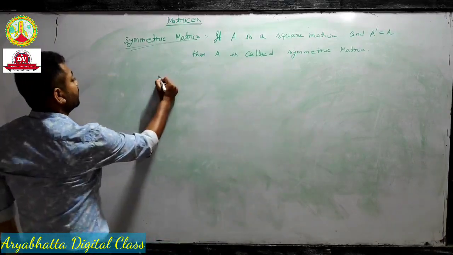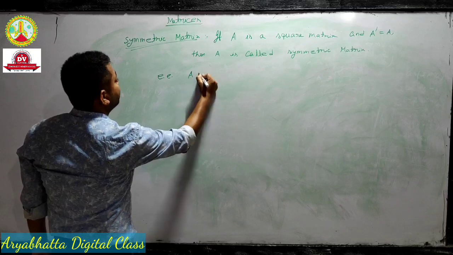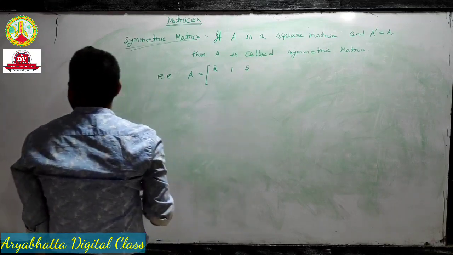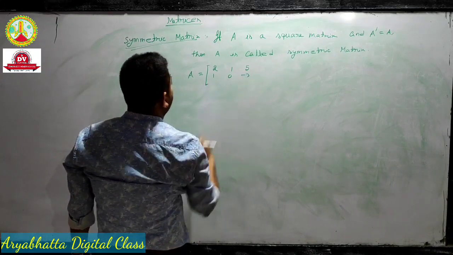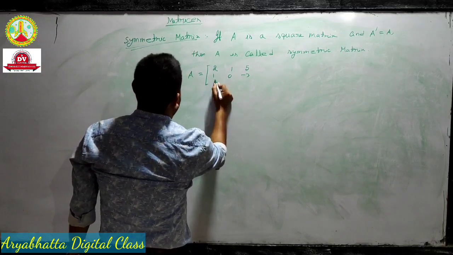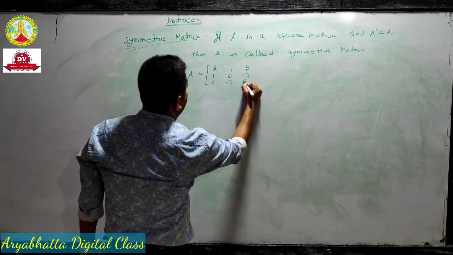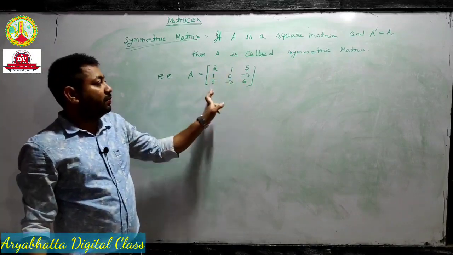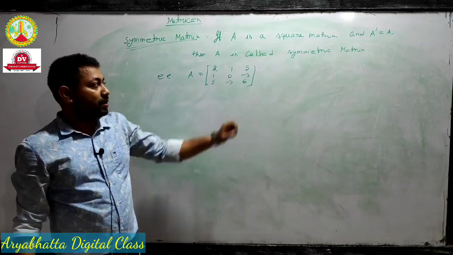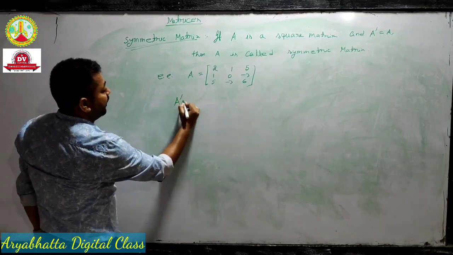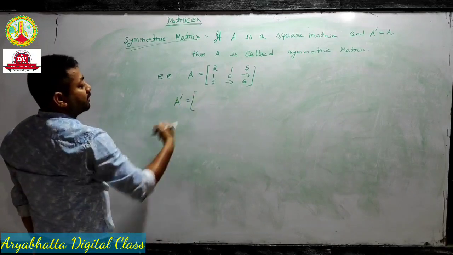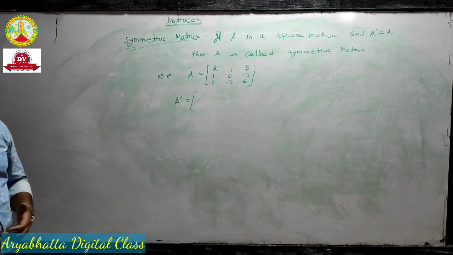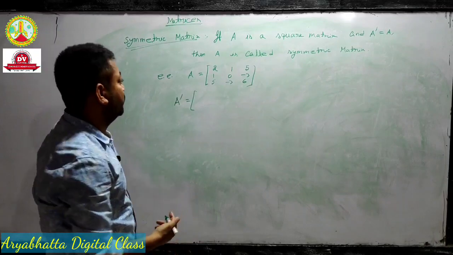For example, A equal to 2, 1, 5; 1, 0, minus 3; 5, minus 3, 6 is called symmetric because this is a square matrix and A dash equal to, we know that transpose matrix of A is obtained by interchanging rows into columns and columns into rows.